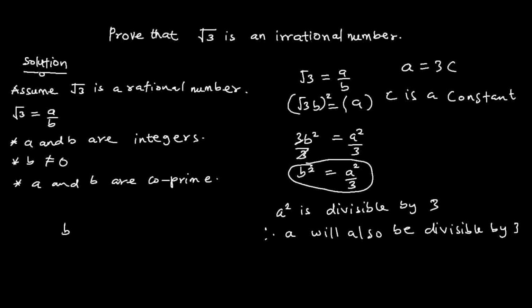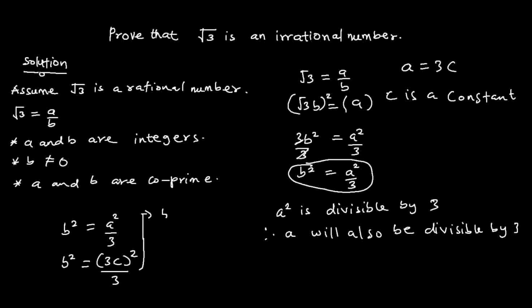Okay, so let's continue from that part. So I'll take b squared to be equal to a squared divided by 3. But we know a to be equal to 3c. So therefore we will have b squared to be equal to 3c squared divided by 3.